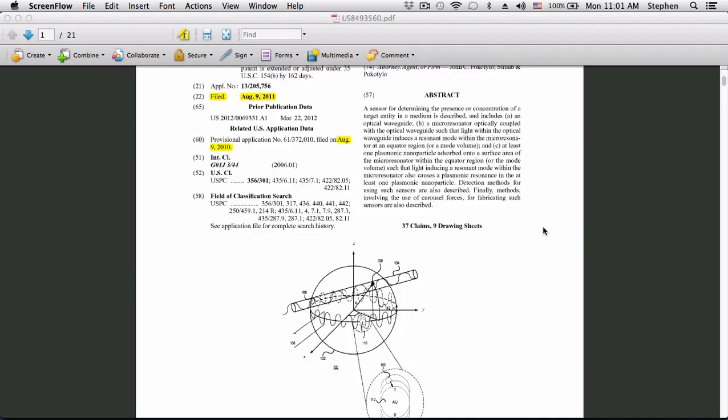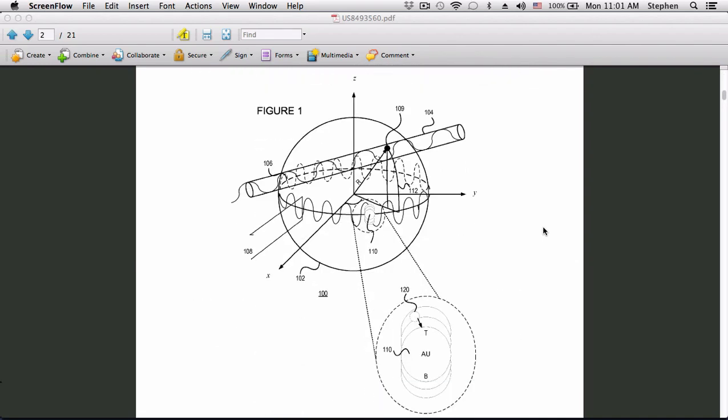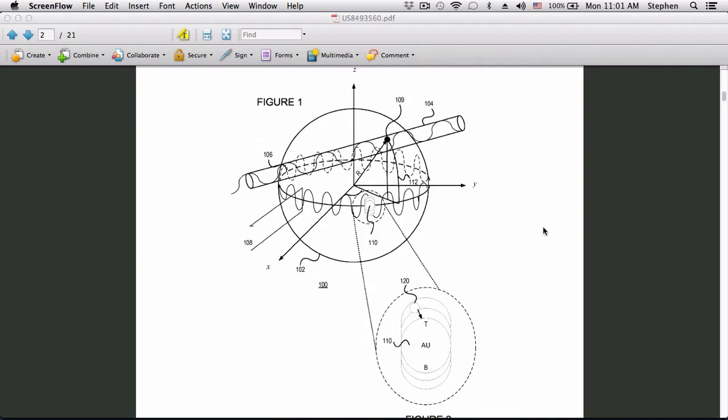Well, I haven't described this before in YouTubes, but basically it's the following. When a nanoparticle comes to the surface of a microcavity, it shifts the frequency of the microcavity.